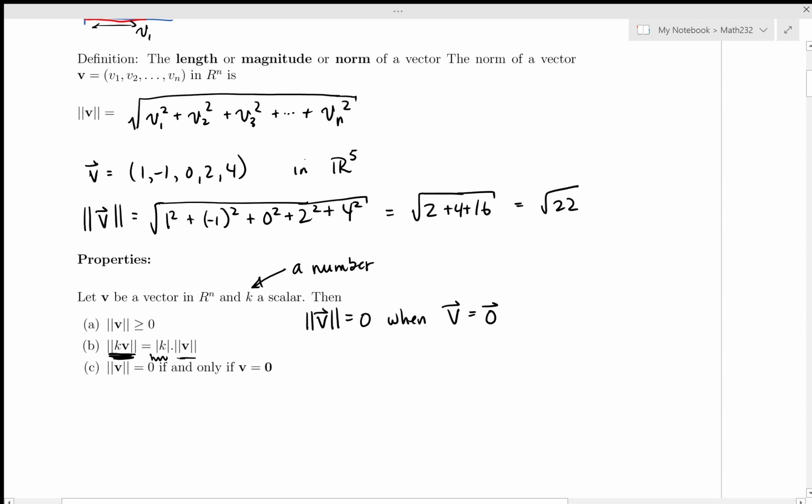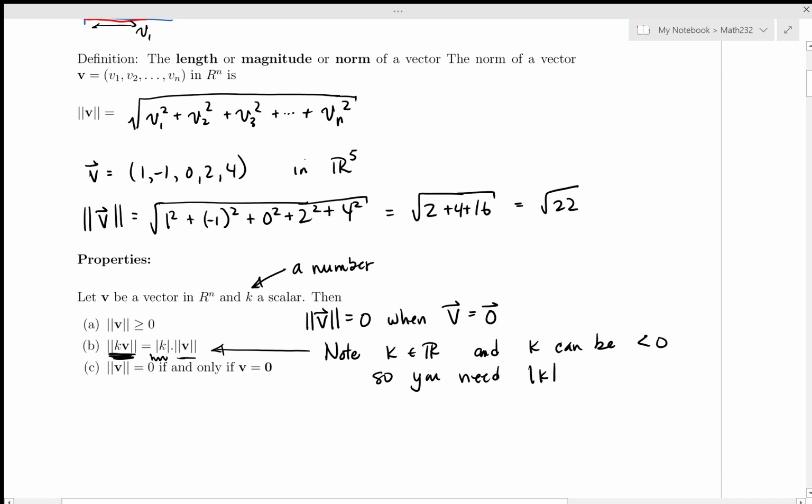Okay, so I'm just going to make a comment here. We note that our scalar is some real number, and k can be less than 0. So you need the absolute value of k when you remove it from the norm.